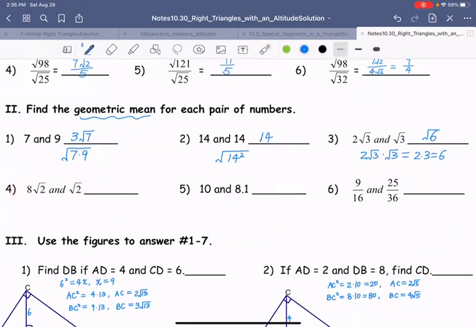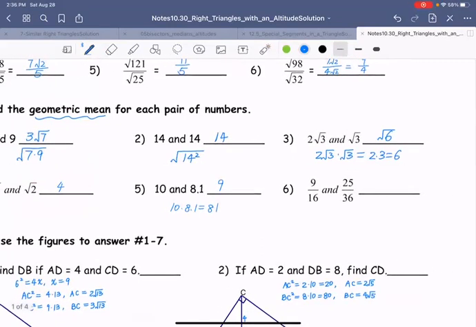8 times 2 is 16. So the answer here is 4. Good. Number 5. Oh, 9. That's good.